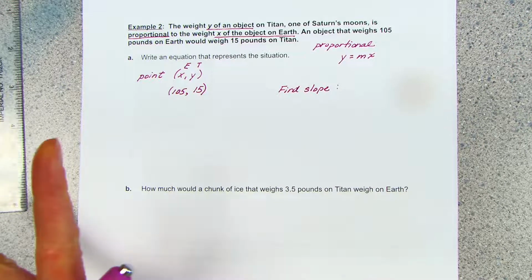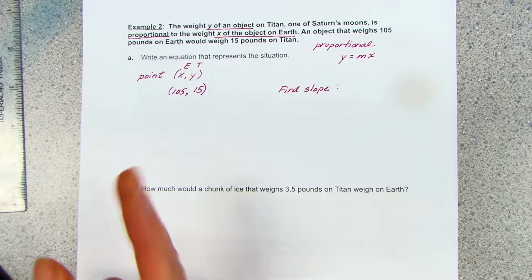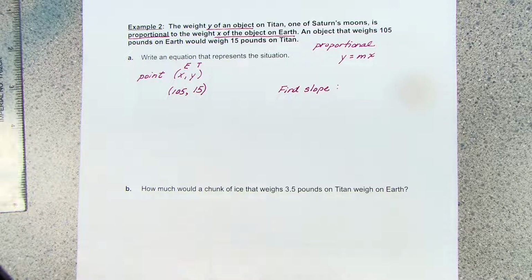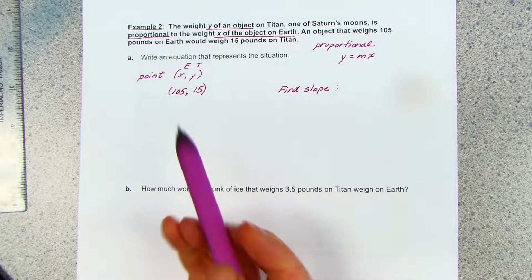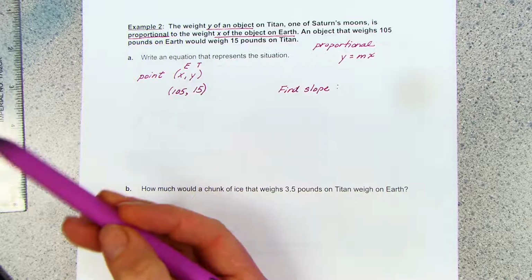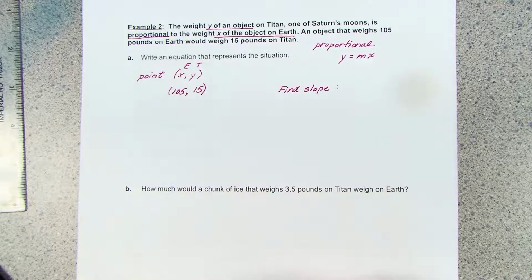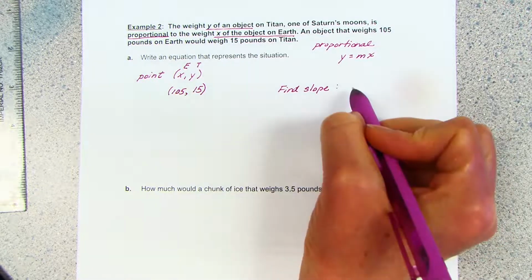So far, we've looked at having 2 points, subtracting them, and finding the change in the y and the change in the x, which gives a slope. But this time, I don't have 2 points. I only have 1 point, or I guess you do have another point, because since it's proportional, it's going to go through 0, 0. So you could do change in y and change in x and find your slope that way.